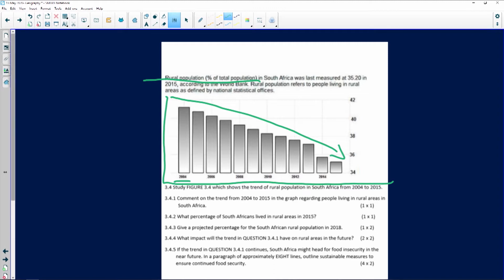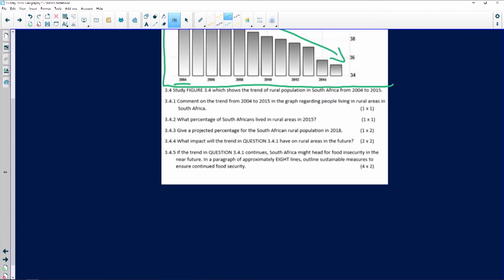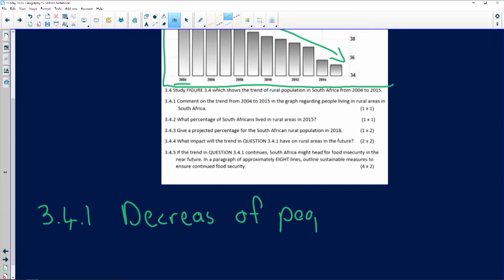Now, the trend definitely is, and I'm going to write the answers down, because this is how you should answer questions relating to data. This graph represents the data that's been given to us. So it's definitely a decrease of people living in rural areas.